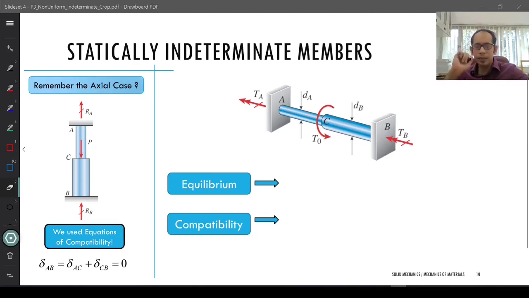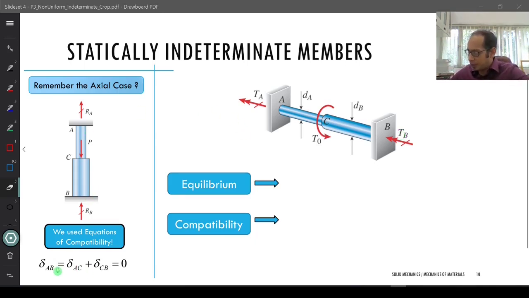What you see in this statically indeterminate case is that, similar to the axial loading case, you have a shaft which may have different cross sections, and it's clamped at this end and over here. So these points A and B do not move relative to each other. That means if you calculate the phi AB, the relative movement of B with respect to A, the total angle of twist is going to be equal to 0.